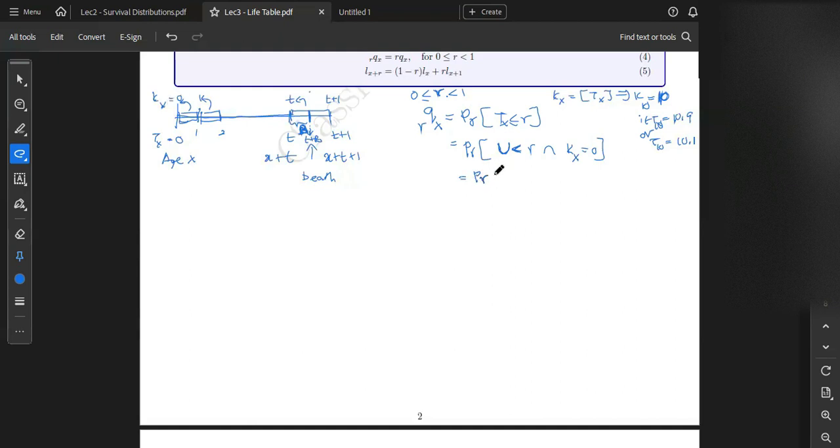And since they are independent, we can denote this joint probability as this.